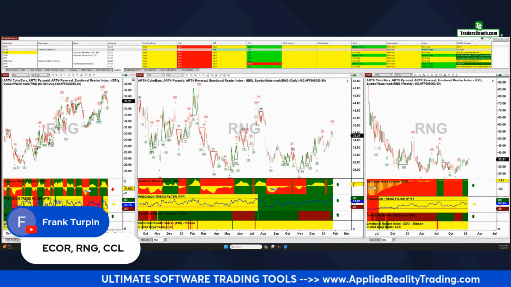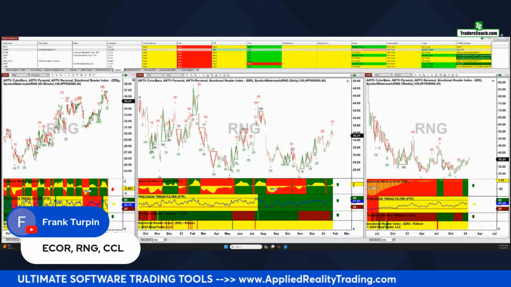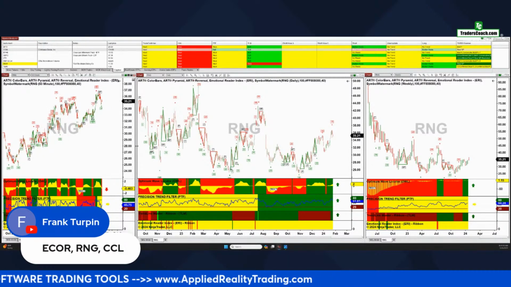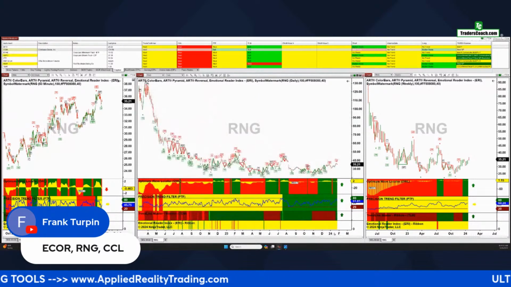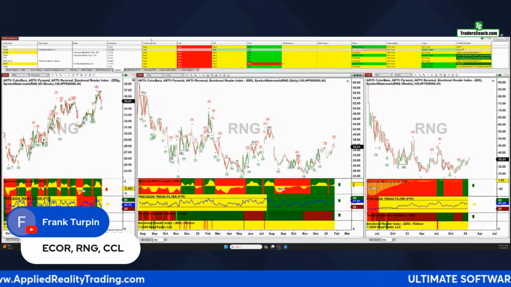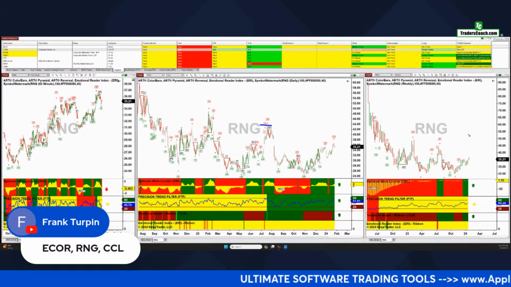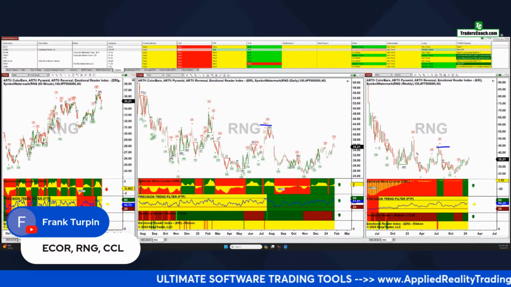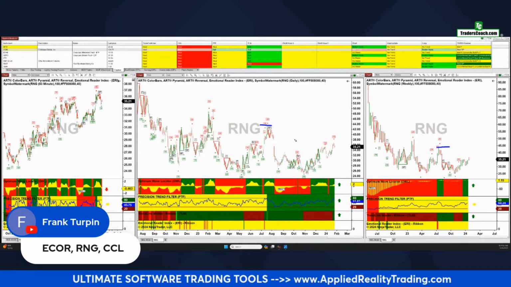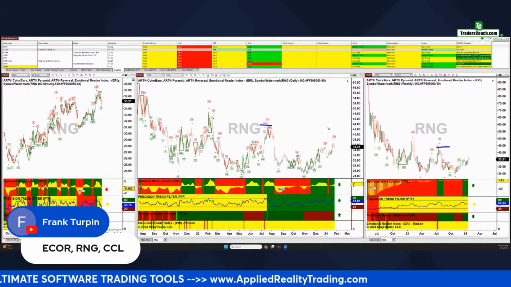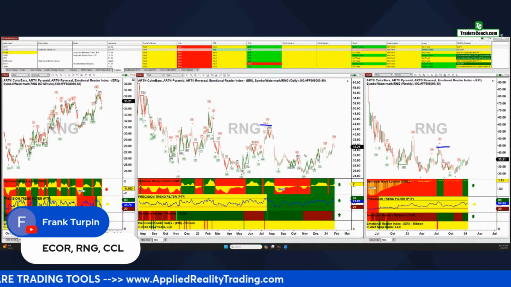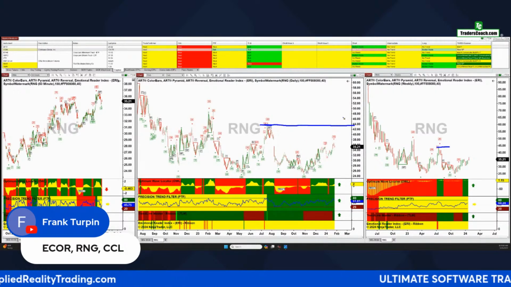Now, with that said, we've had a pullback here. The only issue I see with this is that we have to get above these in order to really know that we're in a long-term bullish market. My suspicion is we are, but from a short-term perspective, this is my target.